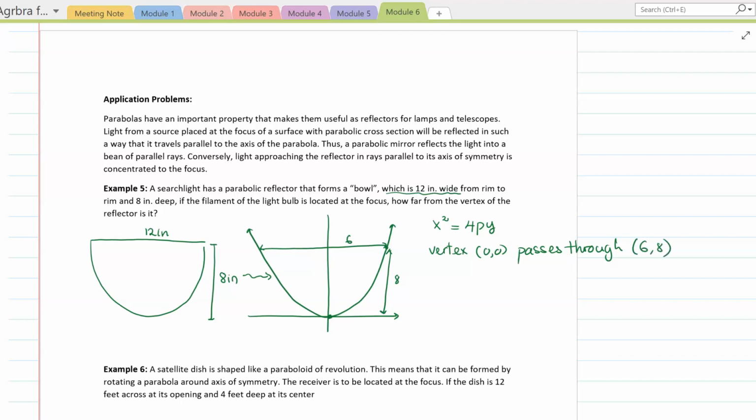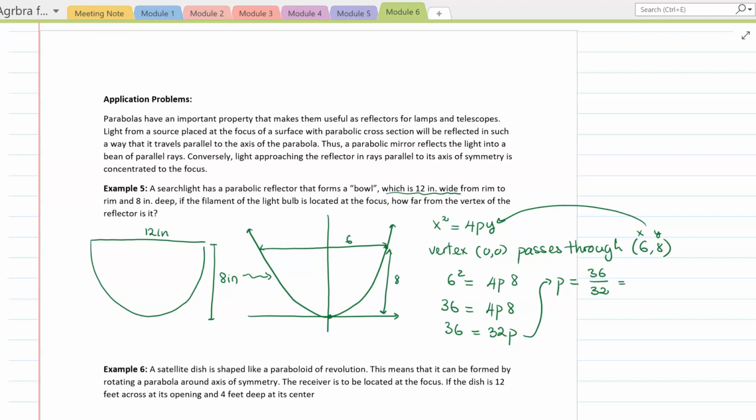Okay. Now that I have a point, I can find p. Here is x, here's y. We'll plug this into the equation x squared equals 4p times y. So then 36 equals 4 times 8 times p, which is 32p. This means p equals 36 divided by 32.